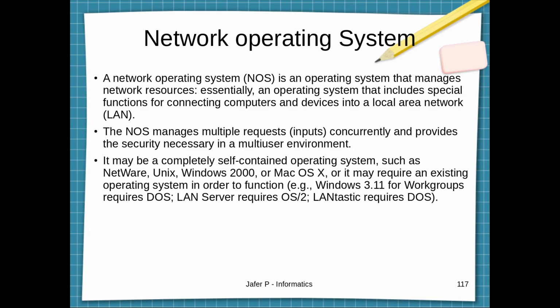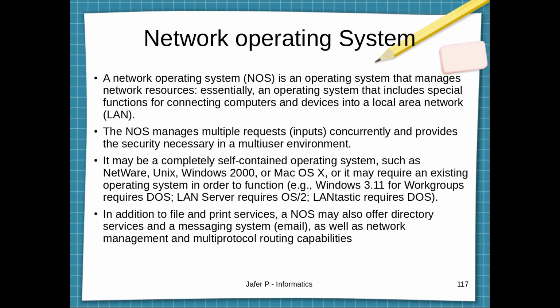These are some existing operating systems which will help the system to function properly. In addition to file and print services, a NOS may also offer directory services and a messaging system, that is email, as well as network management and multi-protocol routing capability. Okay, these are some services.